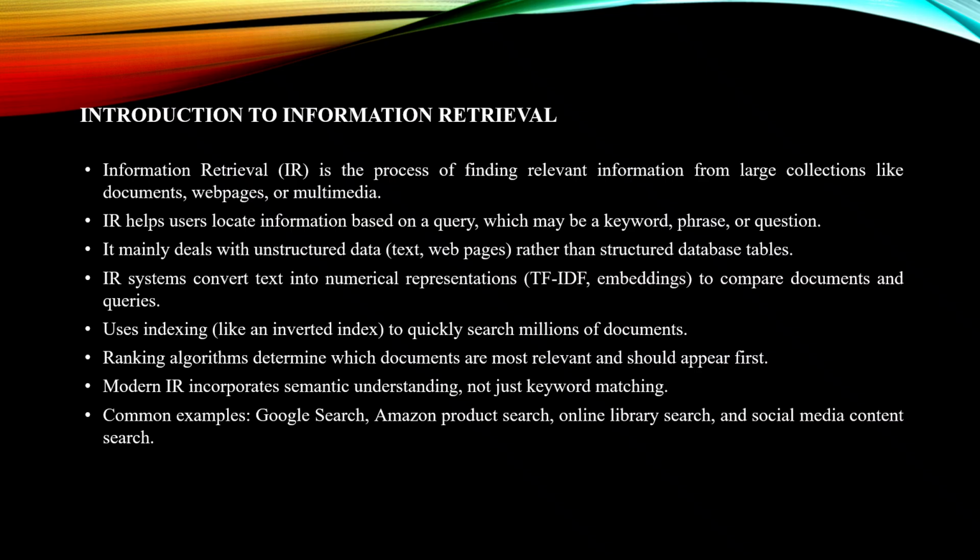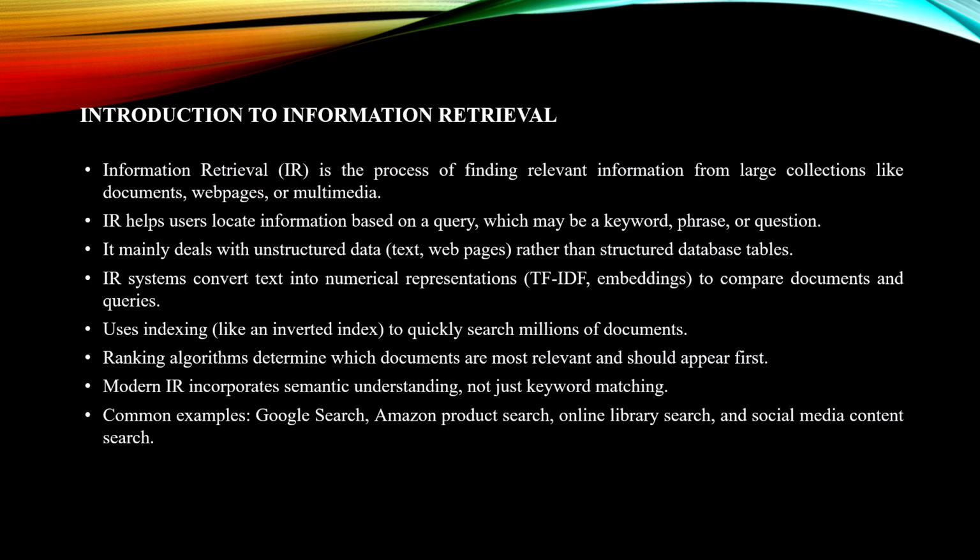In a basic IR pipeline, there are three main stages: indexing, query processing, and ranking. In indexing, text documents are tokenized and converted into structured data. In query processing, the system processes the user's query to extract key terms. And in ranking, documents are ranked by relevance using similarity measures.